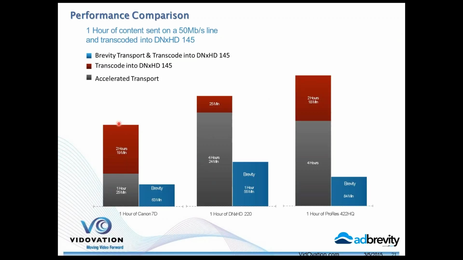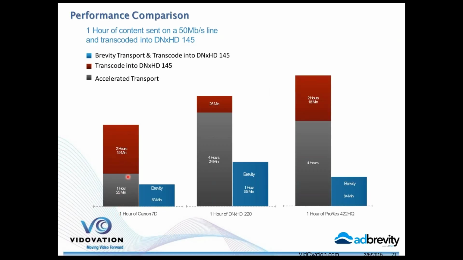So here's an important slide. Here's more of the traditional way of transferring a file. We have an hour's worth of content, a 50 megabit per second internet or telecom connection, and we need to transcode into DNxHD 145.